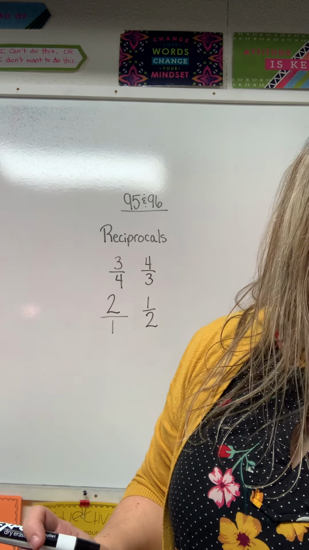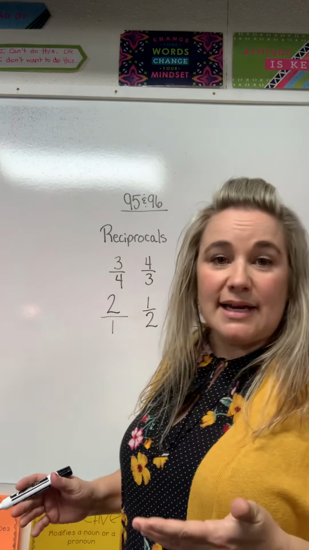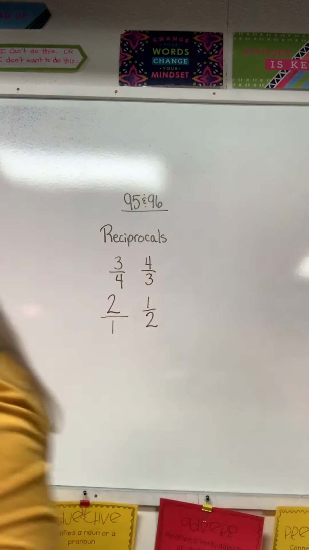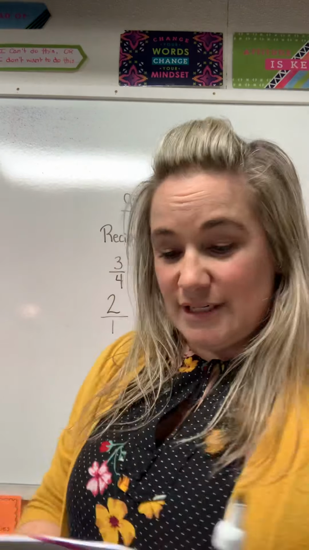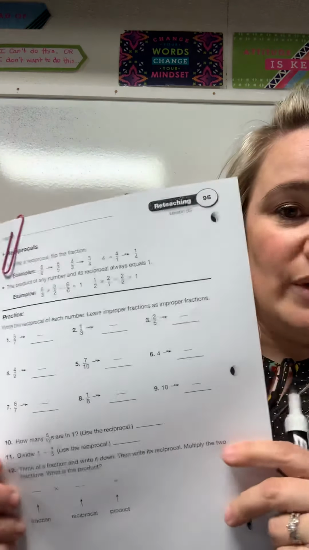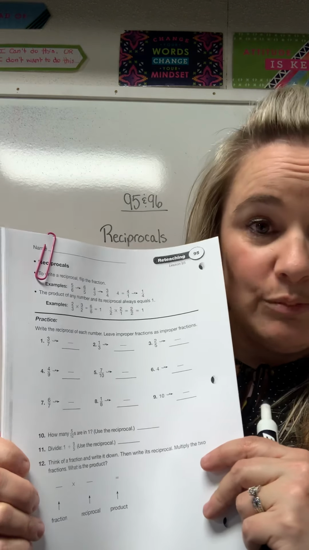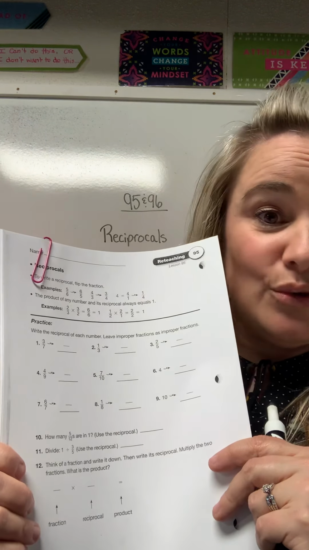That's really it for lesson 95. Lesson 95 is simply understanding what a reciprocal is. If we had done this in class together today, this worksheet that we normally would practice on is simply asking you to make reciprocals. When you do lesson practice 95, it's just going to ask you to write the reciprocal.